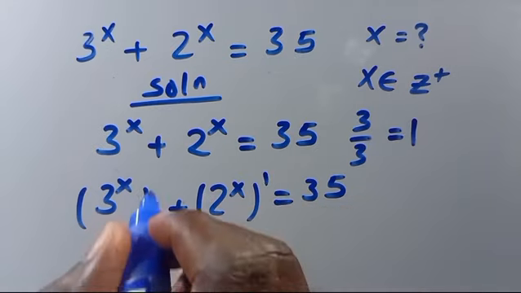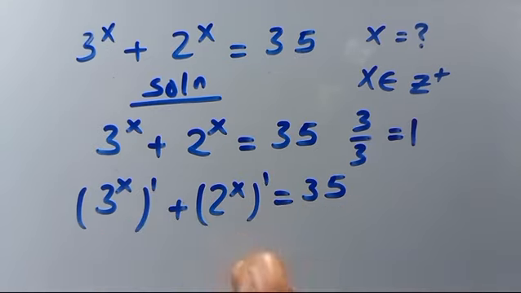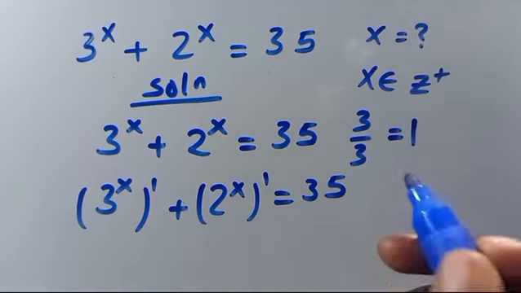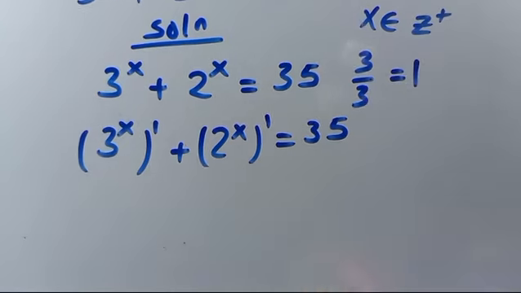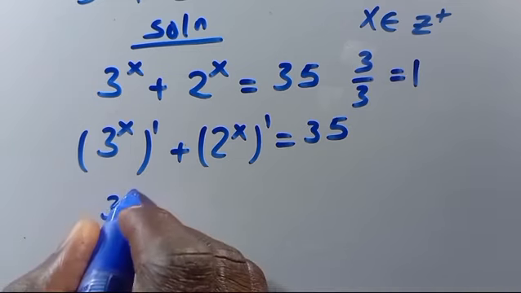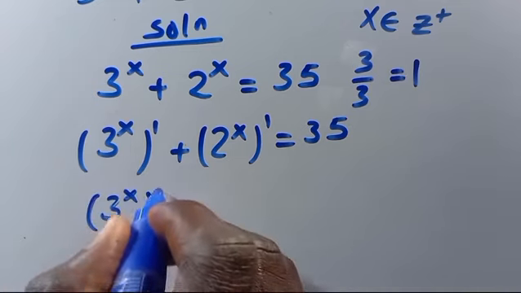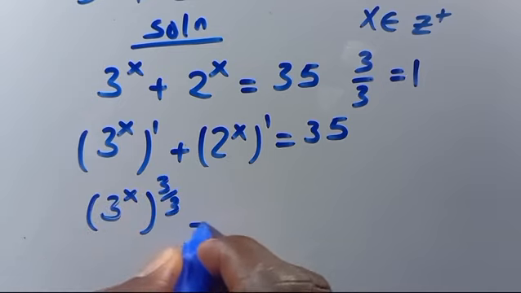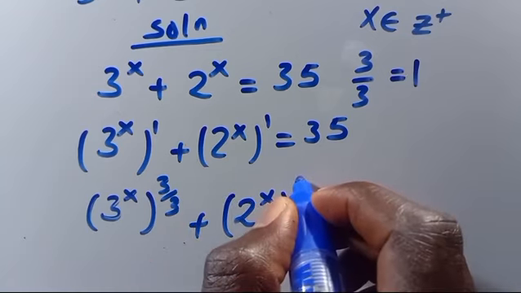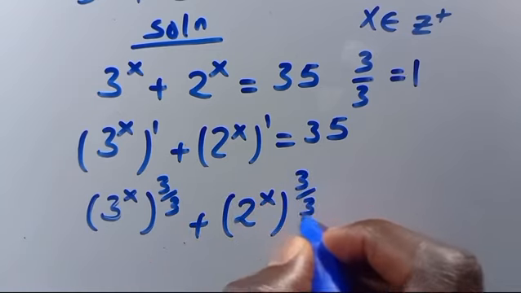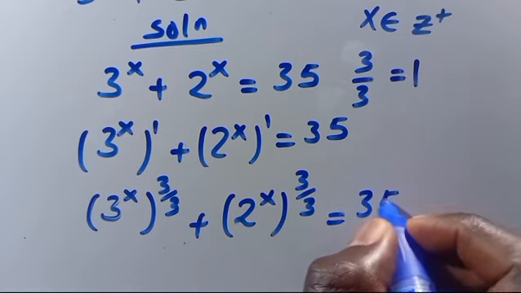When we have 1 here, nothing will happen to it. So let us now substitute the value of 1 that equals 3 over 3. So from here, guys, we have 3 to the power of x into 3 over 3 plus 2 to the power of x in parentheses to the power of 3 over 3 equals 35.